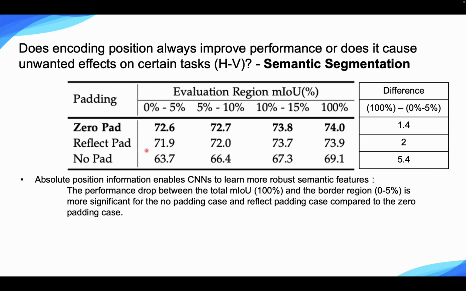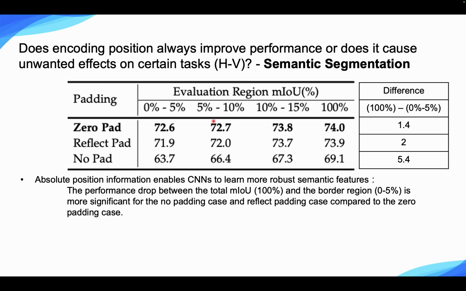In the semantic segmentation task, you can find that the absolute position information enables CNNs to learn more robust semantic features. Look at the performance drop between the total MIOU and the border region. You can see that the total region is higher than the border region, 0 to 5%, for the no padding case and the reflect padding case compared to the zero padding case.